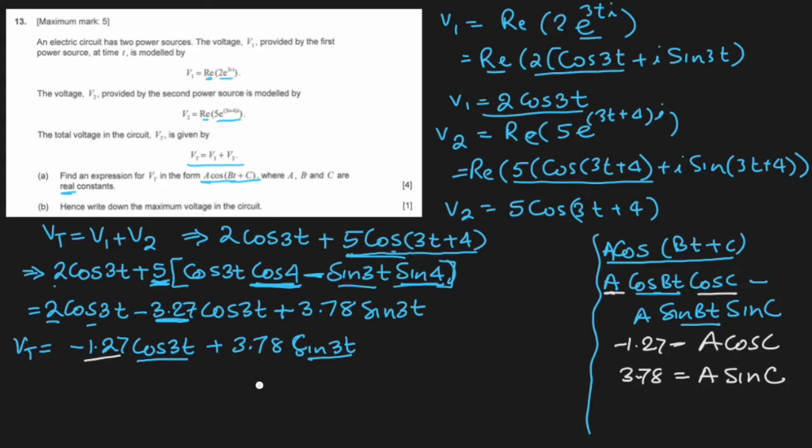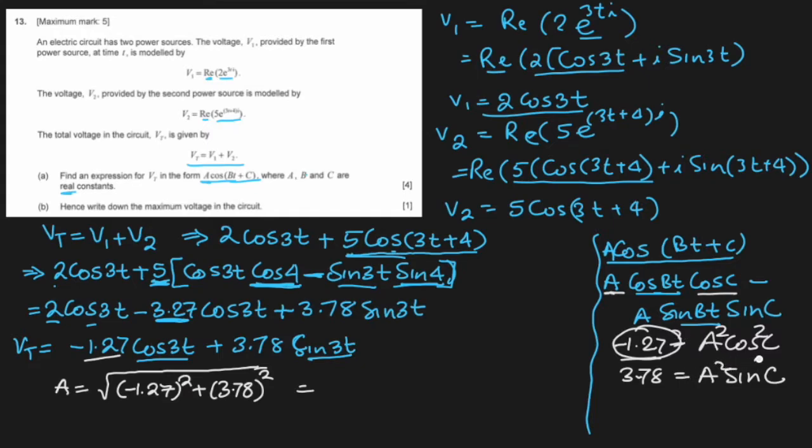Now to find A, there is a shortcut. I'm straight away giving you the answer. It is the square root of this: square this and add them. Minus 1.27 square plus 3.78 square. This is how we find A. Why? Because if I square this, it will become A square cos square, and this will become A square sin square, and cos square plus sin square is 1.